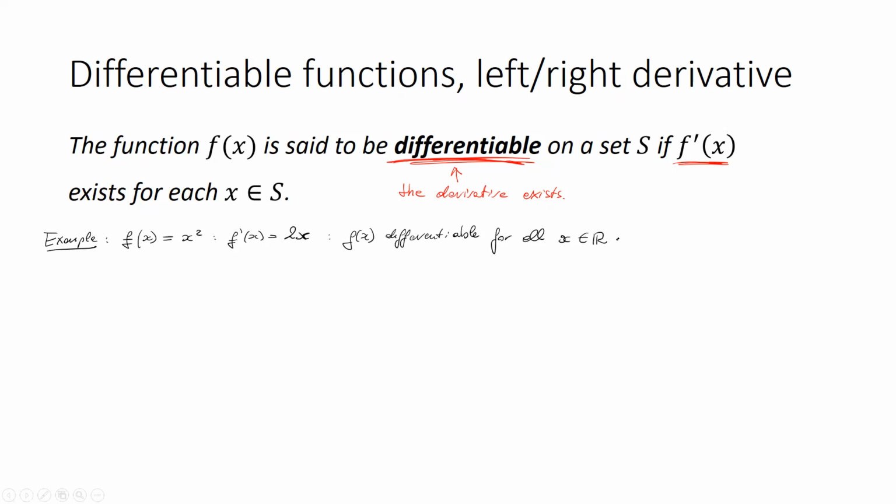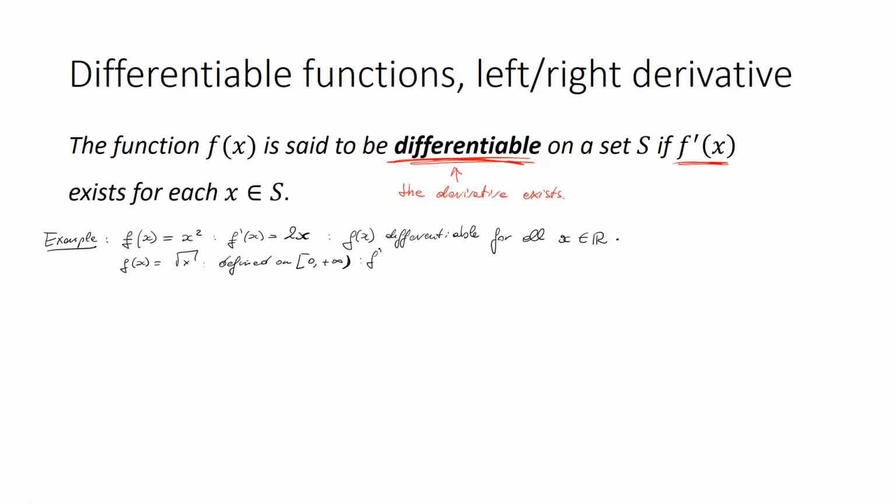In particular, what can happen is that we have a function that is defined on an interval. We know the square root of x is defined on the interval 0 to plus infinity. And now we want to know, is it differentiable in that interval?